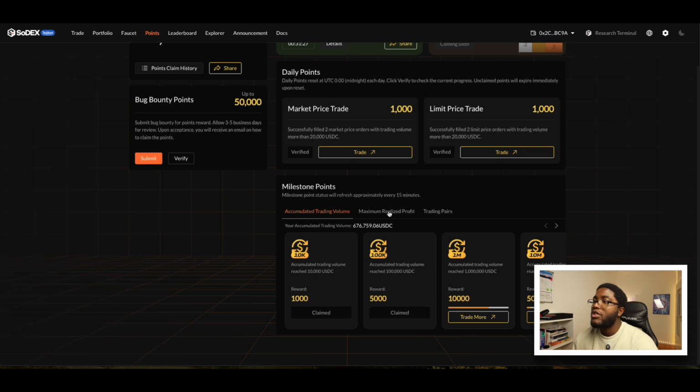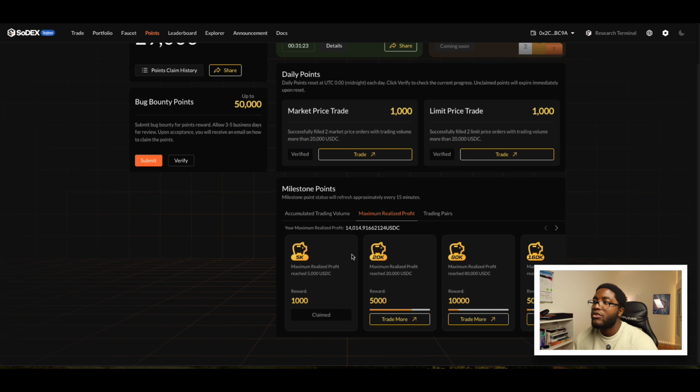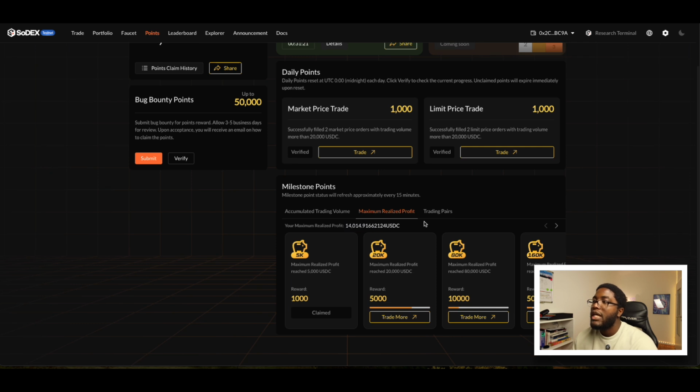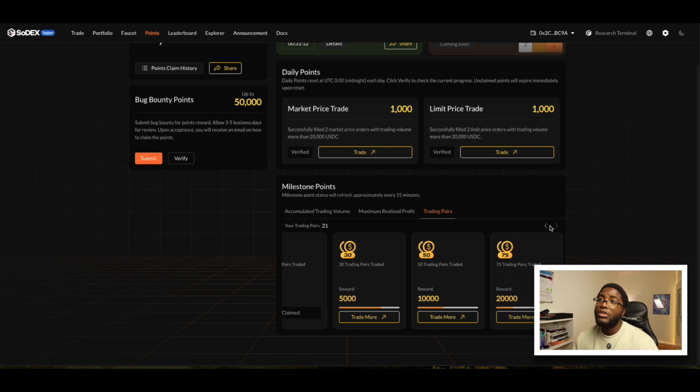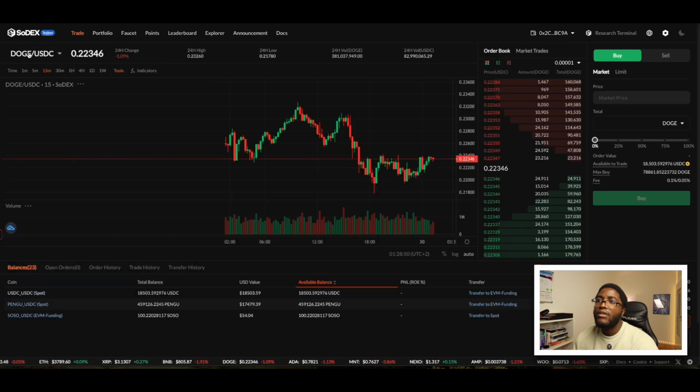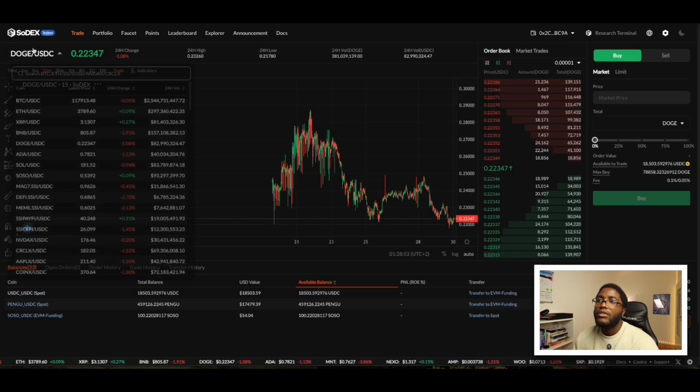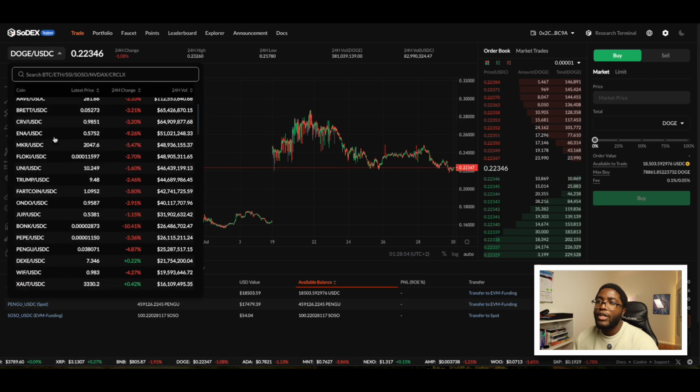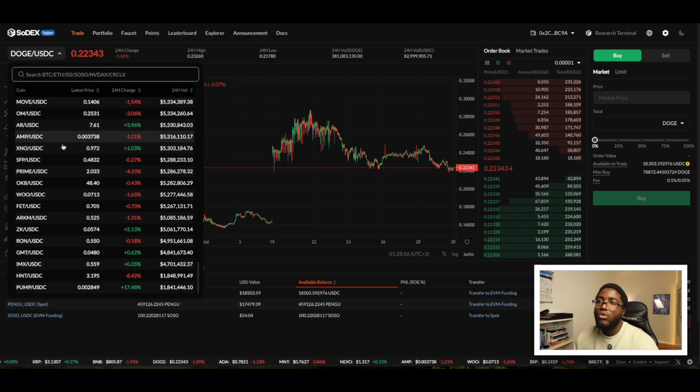Now the next thing, of course, as you guys can see, is maximum realized profit. I've realized over 14,000 USDC in profit, and of trading pairs I've managed to use only 21. So you are encouraged to use more than your regular trading pairs in total. As you guys can see over here, when we click on this Doge USDC, these are all of the trading pairs we have, a whole lot of them.